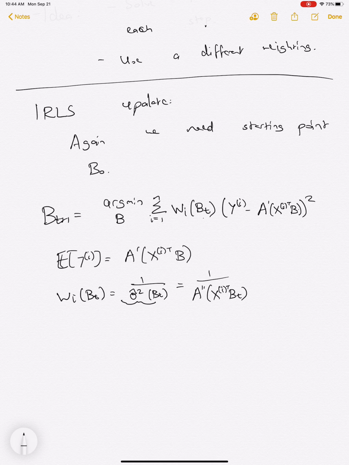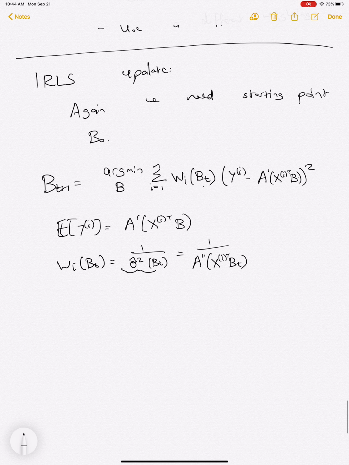So you can think of sigma hat squared as the estimated variance at b equals bt.